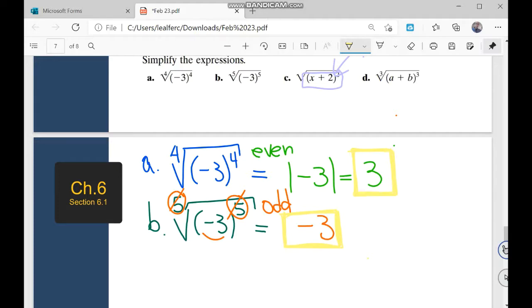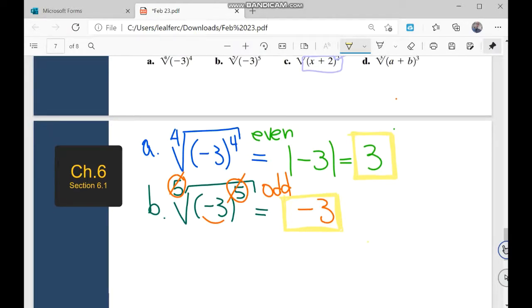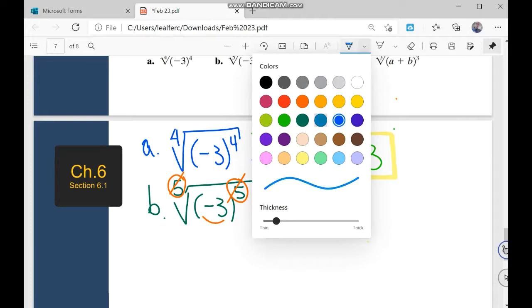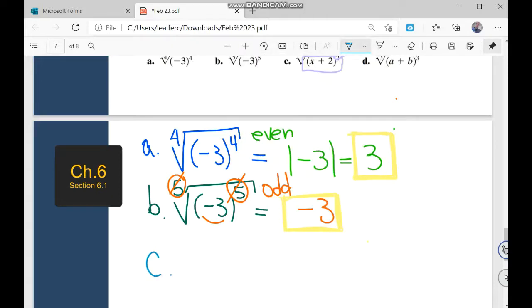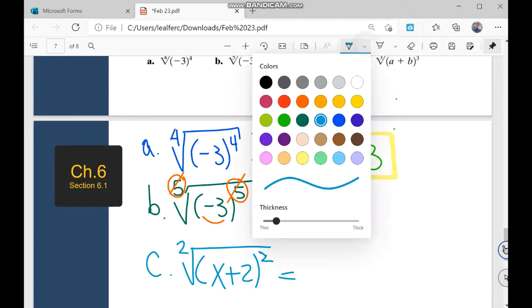Now, if you have an expression like letter C, the square root of x plus 2, squared. And remember, for a square root, we have a 2 as an index. Is 2 odd or even?